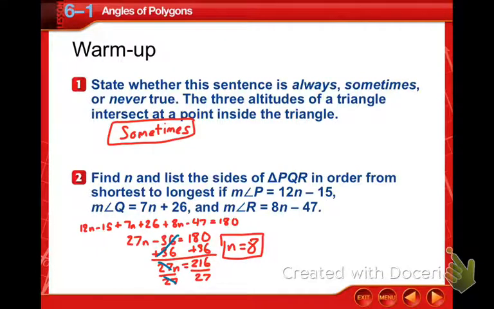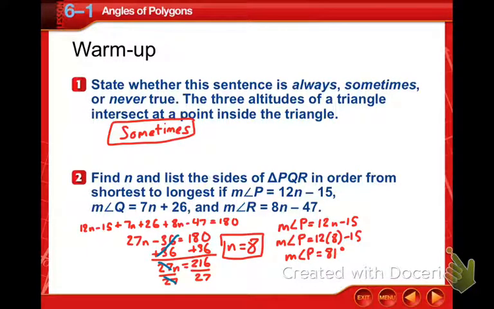So we have the measure of angle P is 12n minus 15, and we're going to plug in 8 for n. When we solve that, the measure of angle P comes out to be 81 degrees.